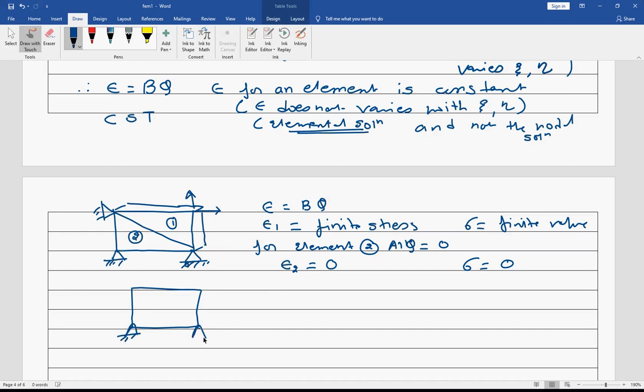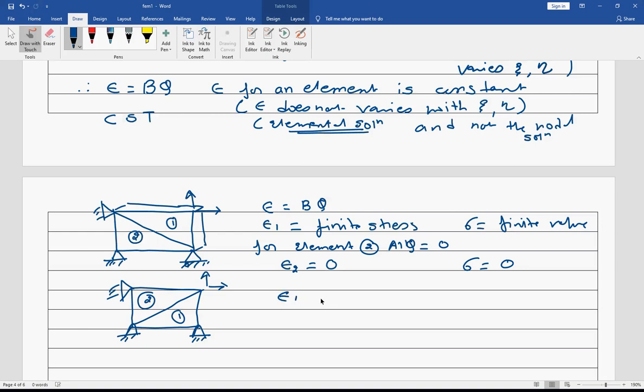So I fix it like this, and now I mesh like this. Okay, so this is, let us say, element 1 and this is element 2. Now it does have certain displacement for both elements.